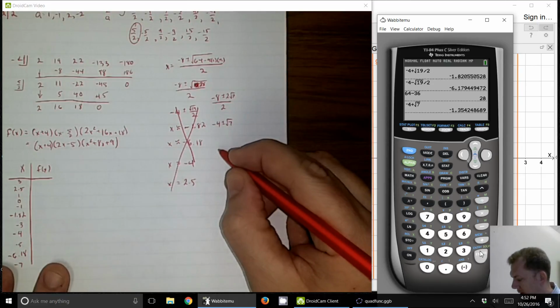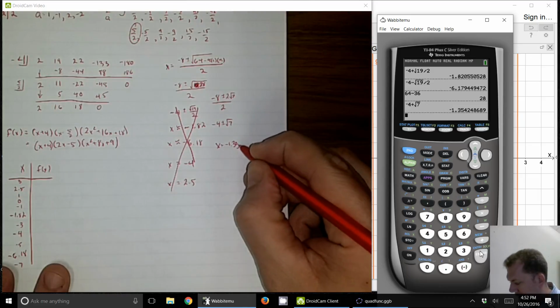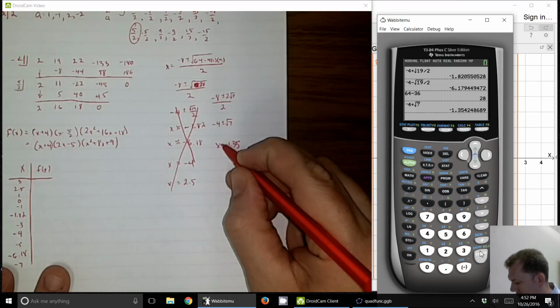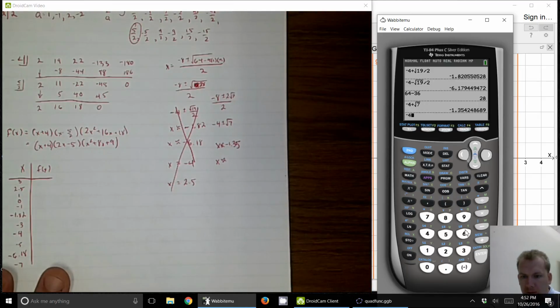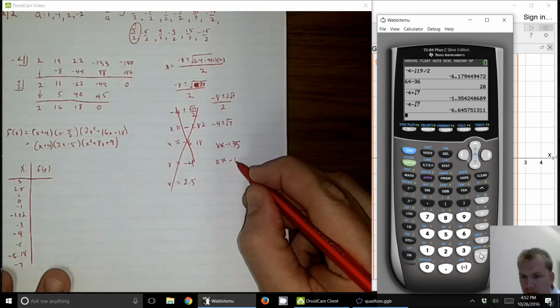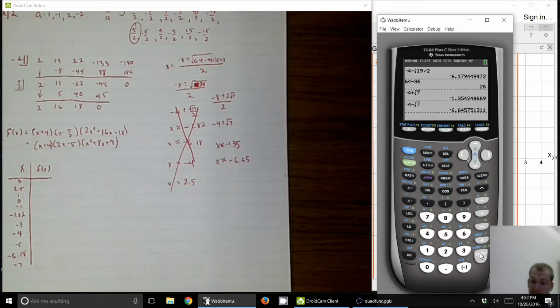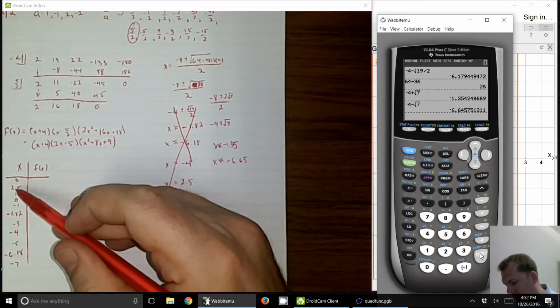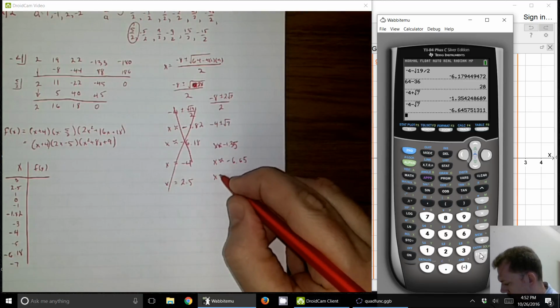So we are getting x is approximately negative 1.35, and then x is approximately negative 4 minus the square root of 7. So it's not bad that that happened. I made a mistake, but we caught it because we were being careful when we put these in the table. Now, our other numbers are still valid.